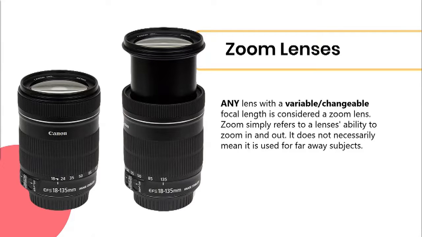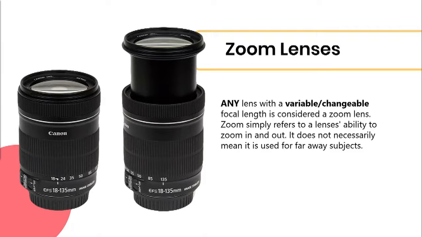A zoom lens is any lens where you can change the focal length. So for example, with our 18 to 135 millimeter lens here, if I was photographing or videoing with this lens, I would be able to start very wide at 18 millimeters, and then I could zoom in at any range up to 135 millimeters.